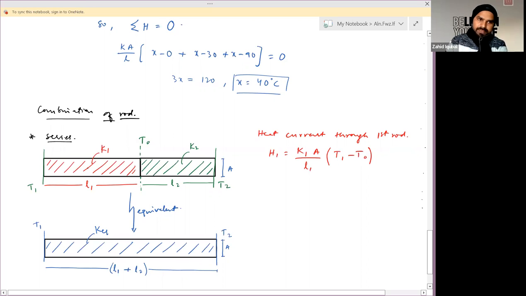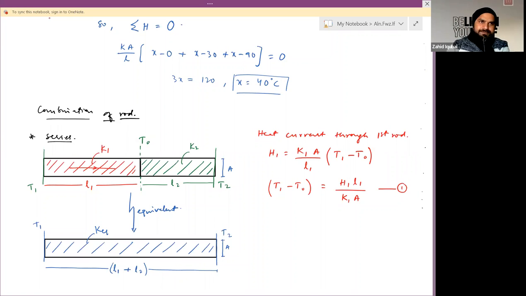That is in first part along this way. So we may write T1 minus T0 equals to H L divided by K A. Let's say this is equation first.